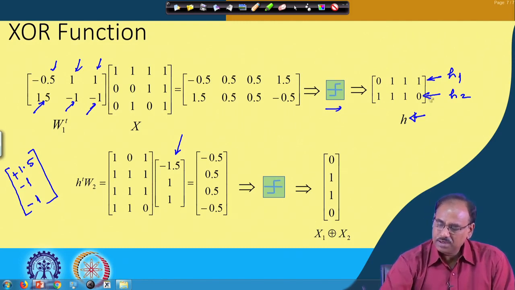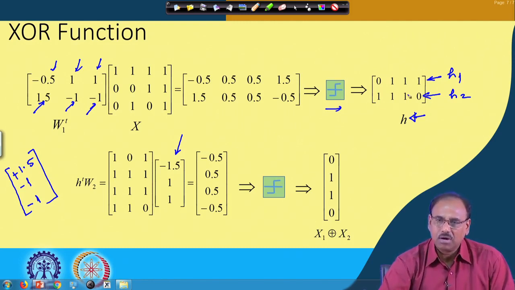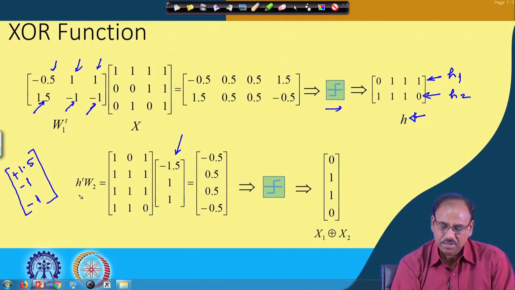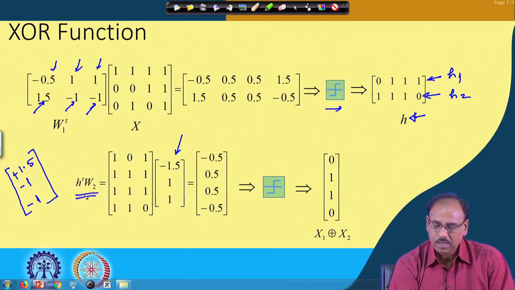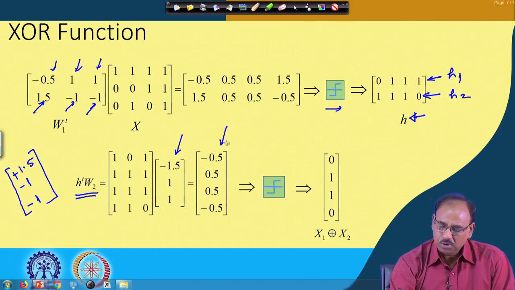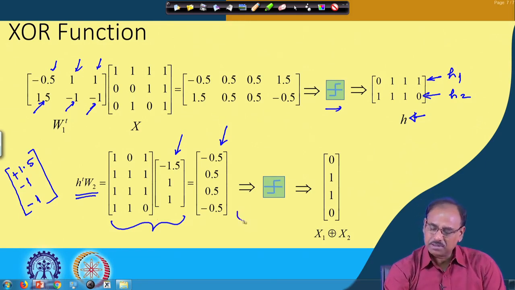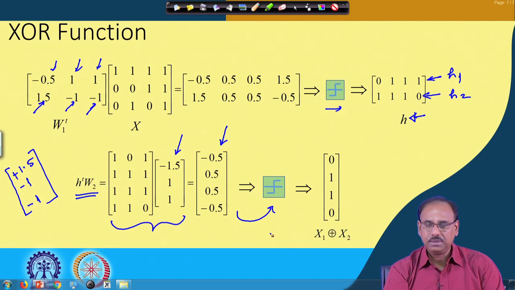This was my set of intermediate feature vectors H1 and H2, which is given by H. So, if I compute H transpose W2 now, the output of this matrix multiplication becomes -0.5, then 0.5, 0.5 and -0.5. Again, I pass this through the threshold nonlinearity and I get the output as 0, 1, 1, 0.